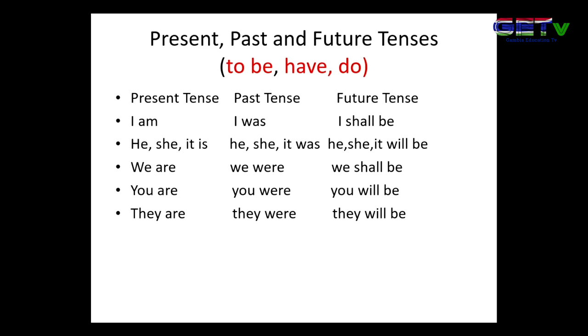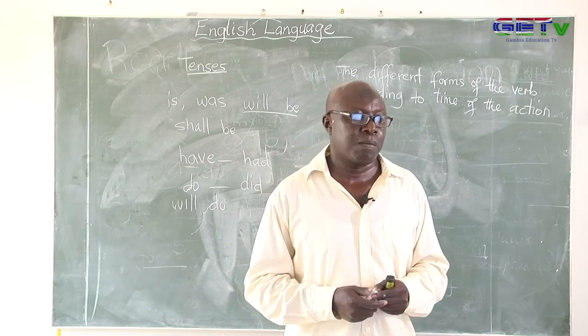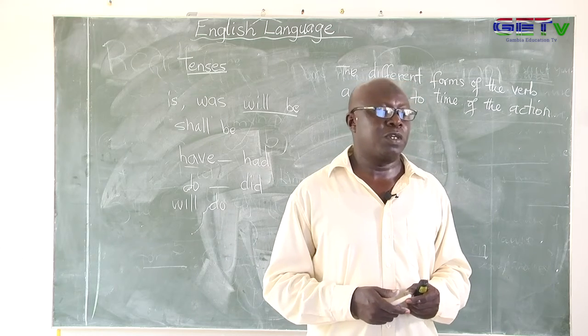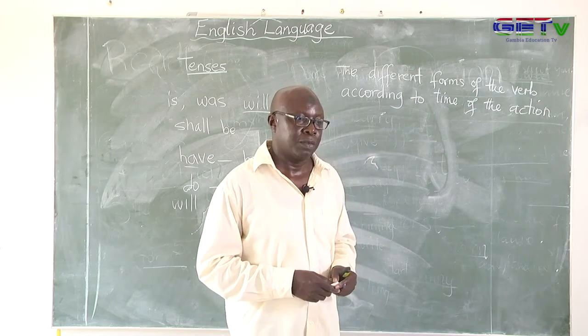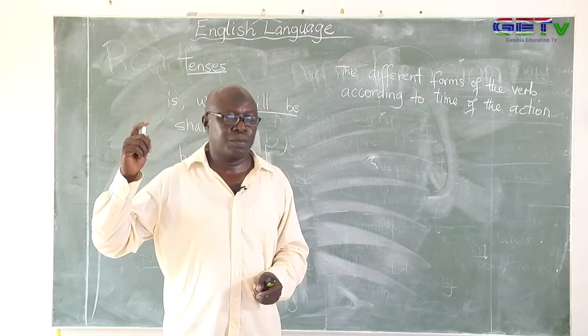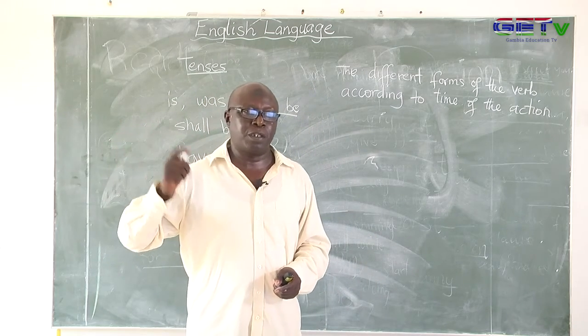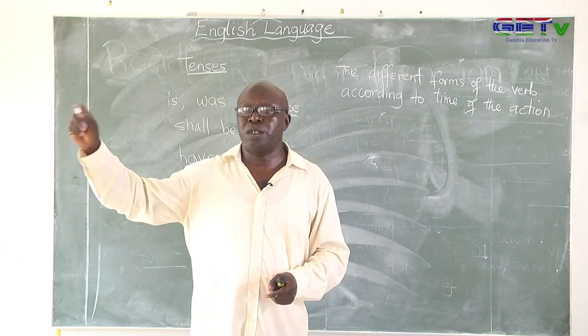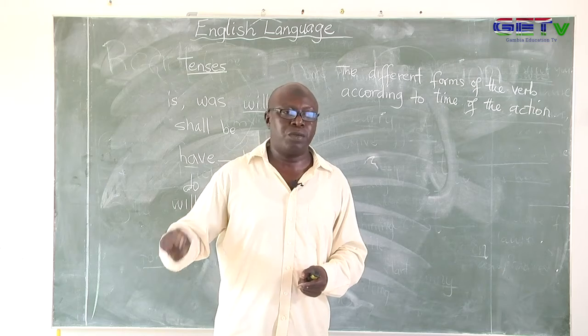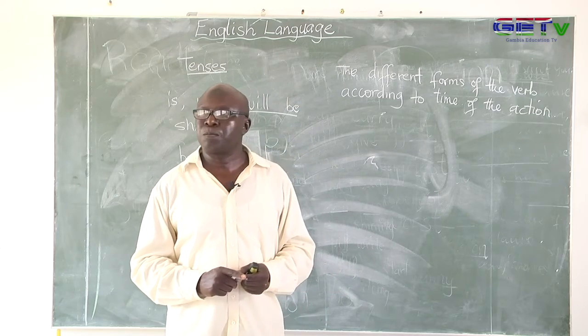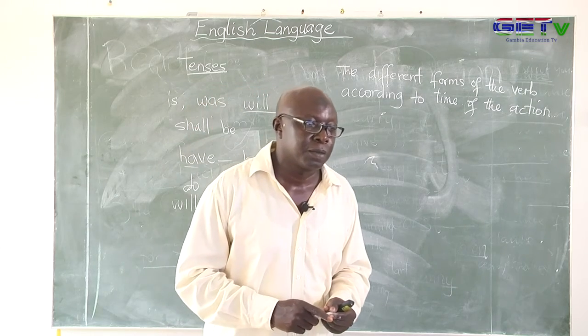You can only say, I am. And you cannot say you was. You can only say you were when it is in the past. Last year, you were in grade 4. Last year, you were younger than this year.